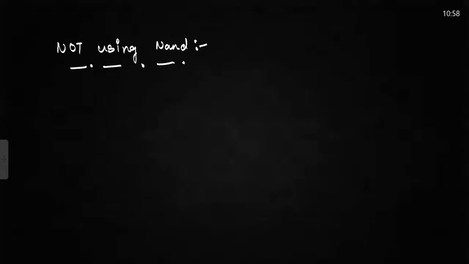So what is my NOT output? Y is equal to A bar. So that is my NOT output, right? So I need to take one NAND gate. I will have only one input, so I will short these two inputs and take them as one. I am taking A, and here I am getting (A·A)bar, that is equal to A bar, right?